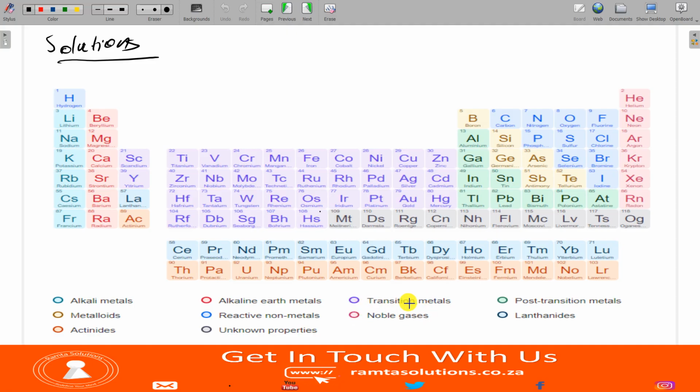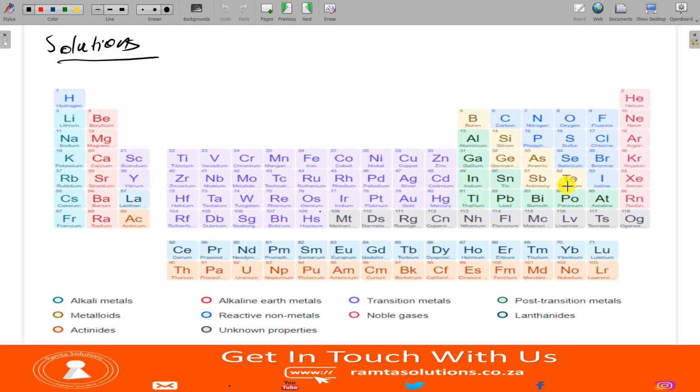Remember, you can refer to these colors here. As you can see, alkali metals are these ones here, and alkaline earth metals are these ones here. Transition metals are these ones here, and post-transition metals are these ones here. Then you have metalloids, look at this yellow.